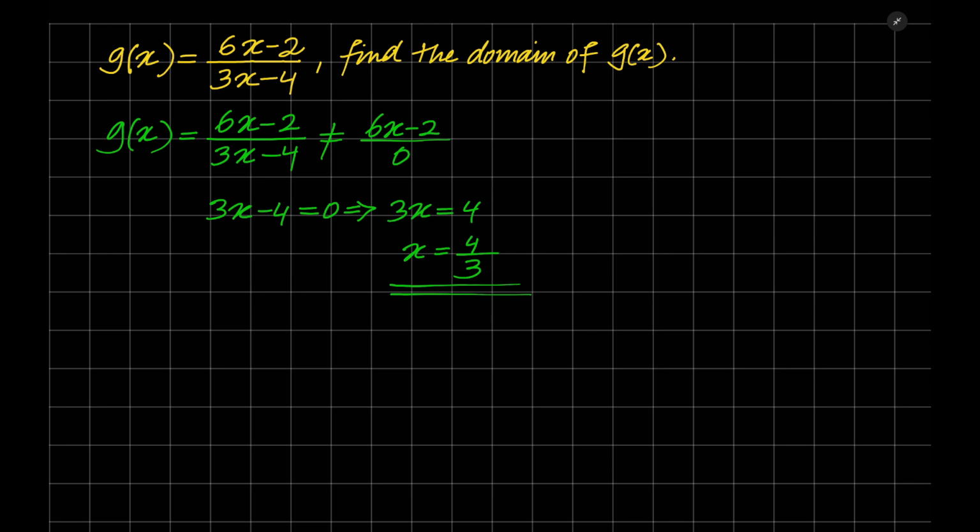We can write the domain in either of the following two ways. Domain is negative infinity to 4 over 3, 4 over 3 is not included, union 4 over 3 to plus infinity.